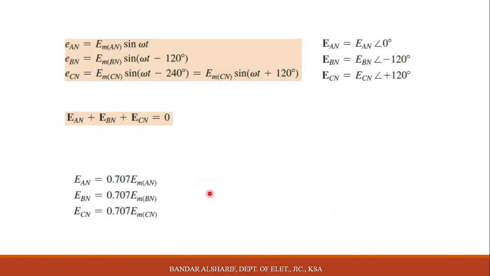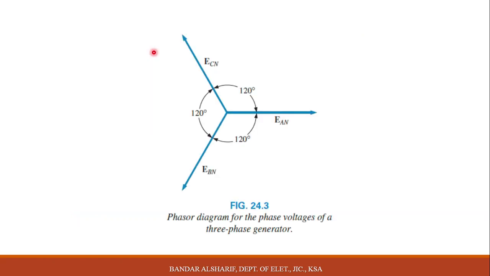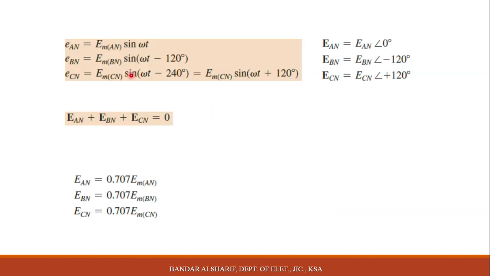As we said, the vectors or the sinusoidal waveform, we can express as a sinusoidal expression. Since it starts from 0 for EAN, we will write EMAN, this means the peak value for the phase, sine omega t without any angle.